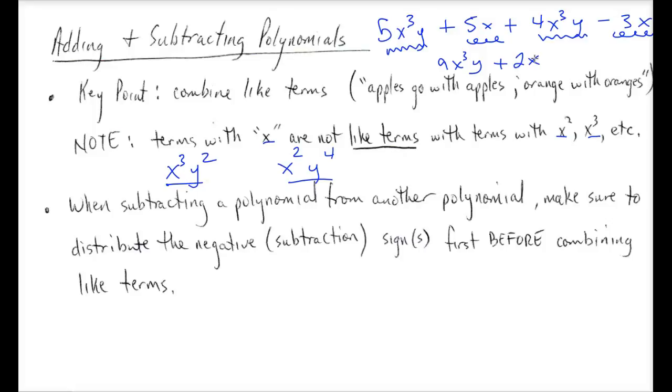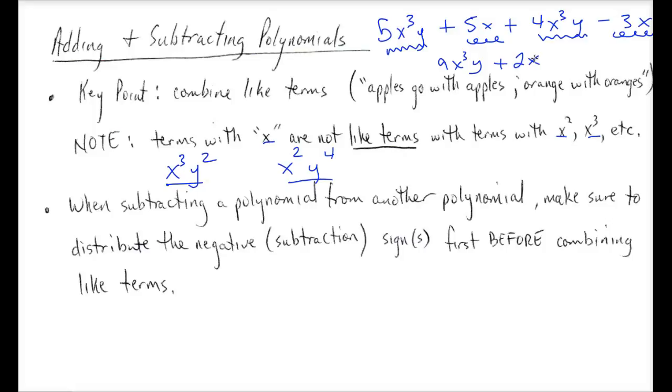What we need to know whenever we're adding and subtracting polynomials is that we're just basically combining like terms, kind of like what I did here in this example I just made up. The only other thing that we need to watch out for is whenever we're trying to take a polynomial and subtract a polynomial from it, okay?